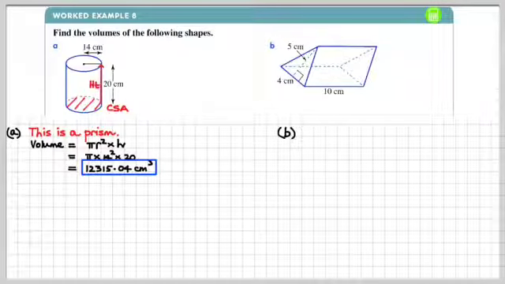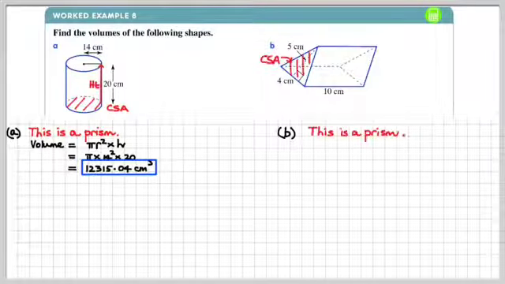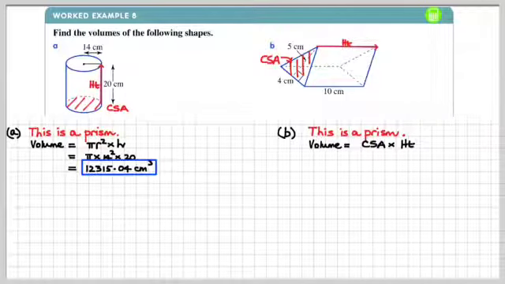And what about for this one over here? Well, have you worked out where the identical cross-section is? Yes, it is the triangular face here. What's the area of the triangular face? It's half base times height, which means half of 4 times 5, and if you multiply that by the length along here, you'll get the volume. Yeah, so there's the cross-section, there's the height, and the volume is the cross-sectional area times the height because it's a prism.